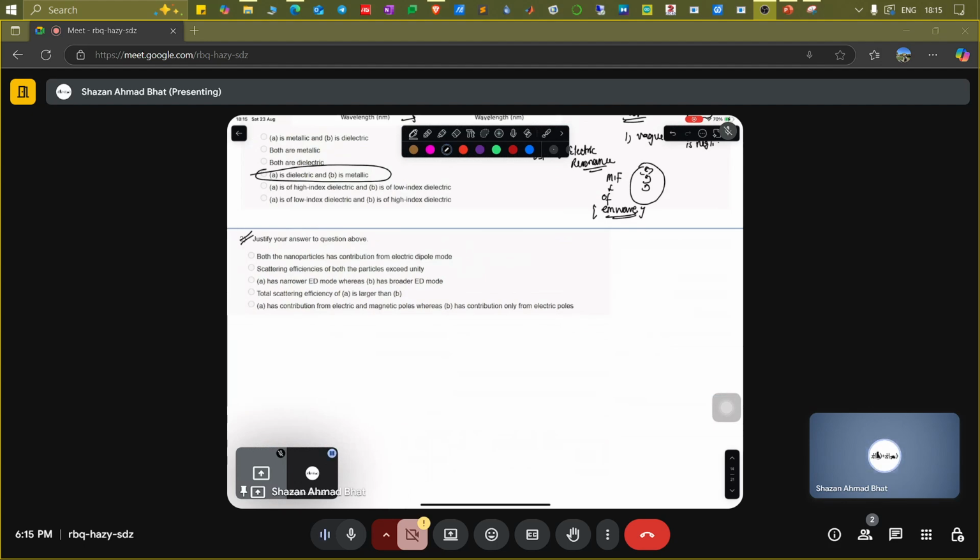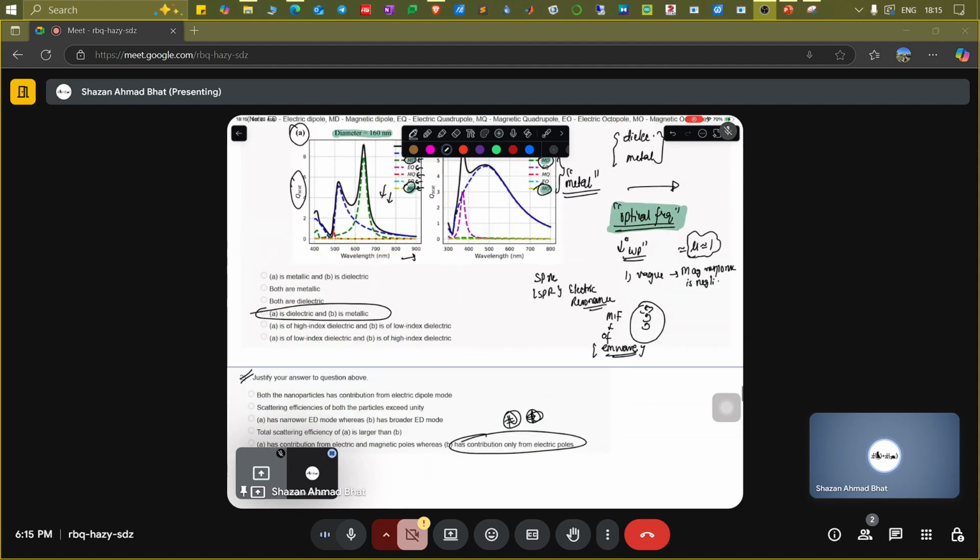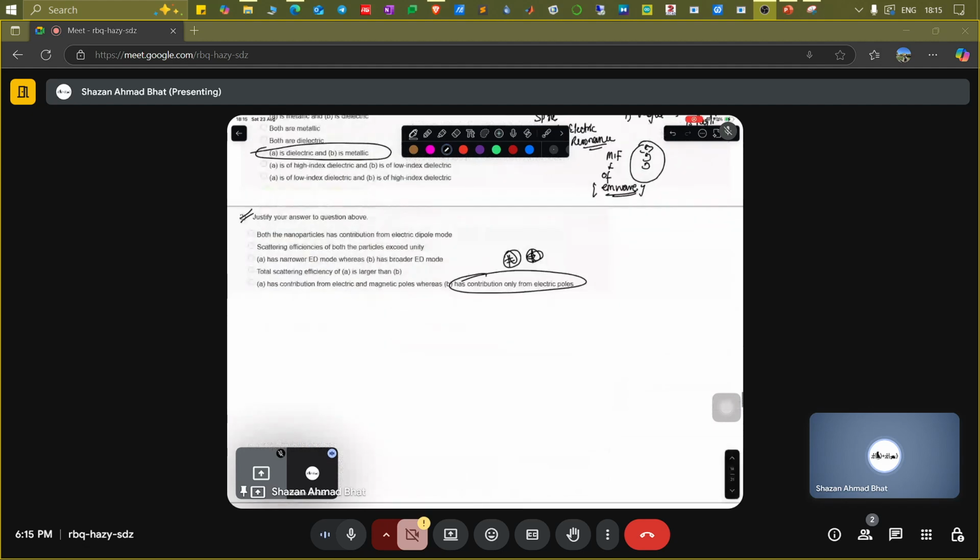We just have to justify our answer: A has a contribution from electric and magnetic poles, but B has a contribution of electric poles only. I'm not saying monopoles, since a magnetic monopole does not exist, at least till now. So these magnetic dipoles and quadrupoles do not exist in the metallic system.